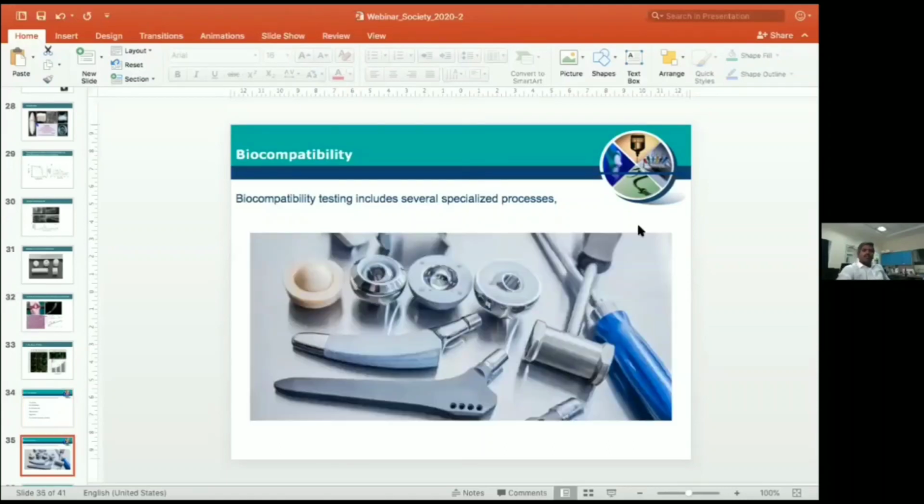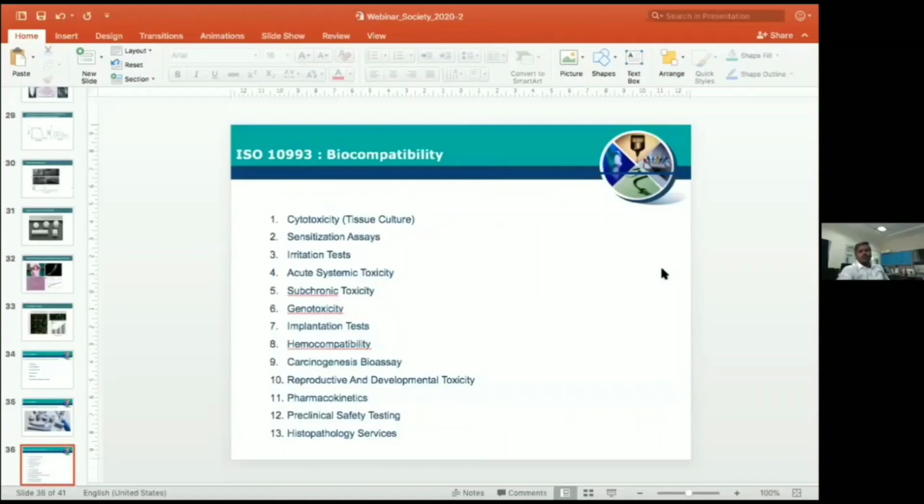And coming to the metal implant, these are all under ISO 10993. In biocompatibility there are different tests we need to perform, starting from cytotoxicity, sensitization and irritation tests, acute systemic toxicity, genotoxicity, implantation test, hemocompatibility, the carcinogenesis bioassay and pharmacokinetics.